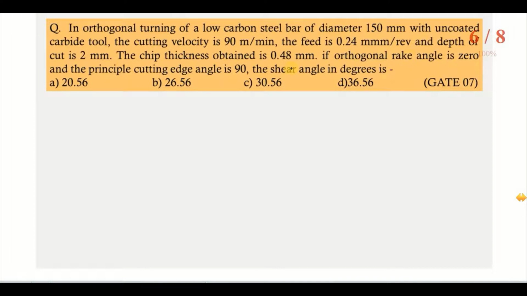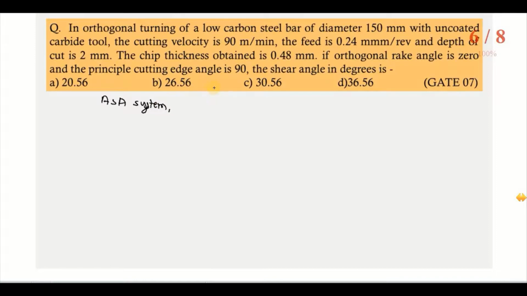If orthogonal rake angle is 0 and the principal cutting edge angle is 90, the shear angle in degrees is what? So here we have to use the ASA system, because they have not mentioned which system is used for tool designation. So we have to use the ASA system, American Standard Association system.